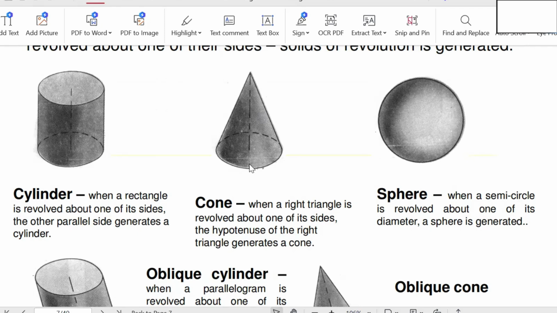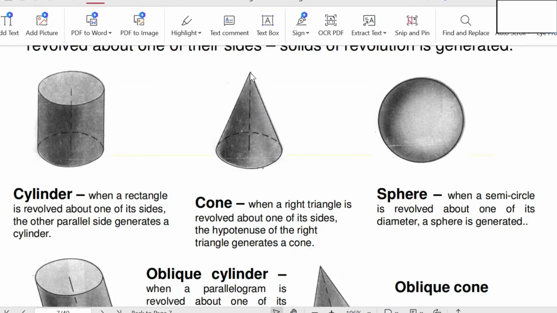Then this triangle is revolved about one of its right angle sides. So this is the triangle, and it will be revolved about this right angle side. Then it will give a cone like this. The cone consists of a base that is a circle, and the other end is an apex.